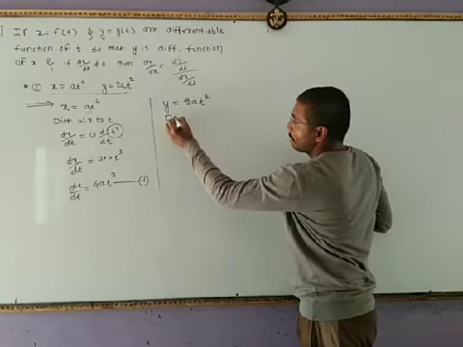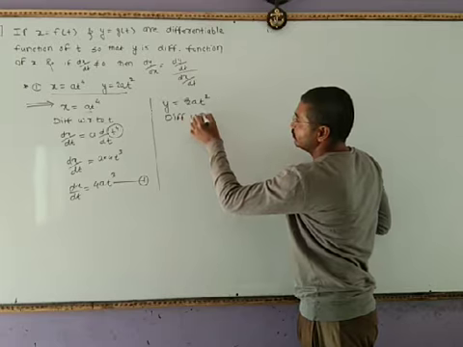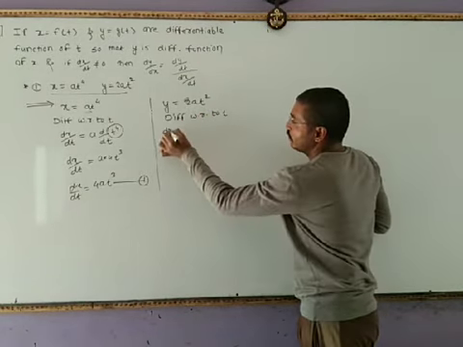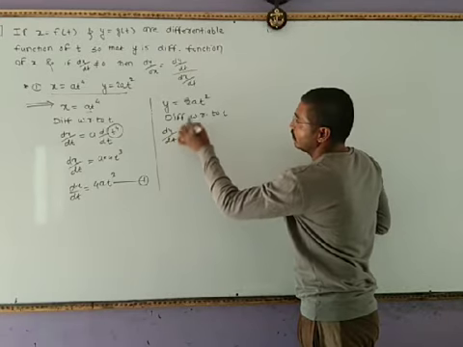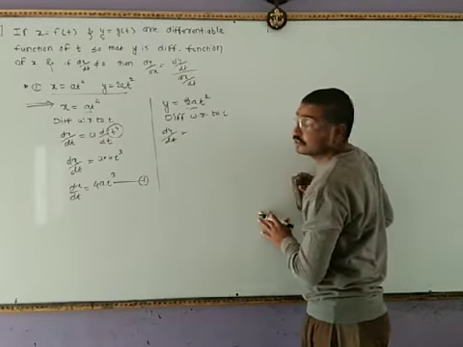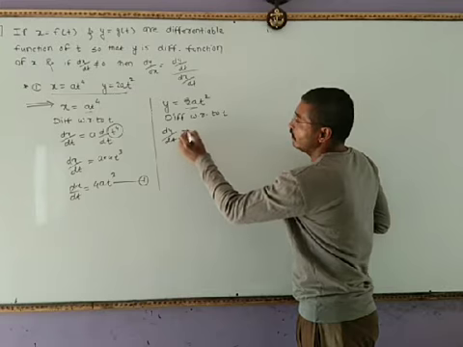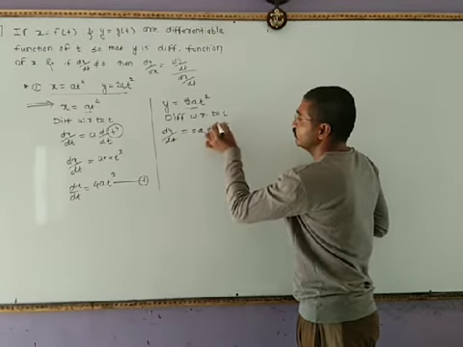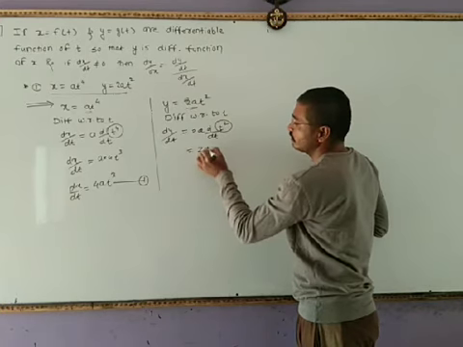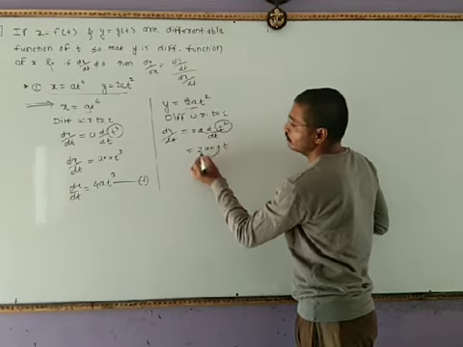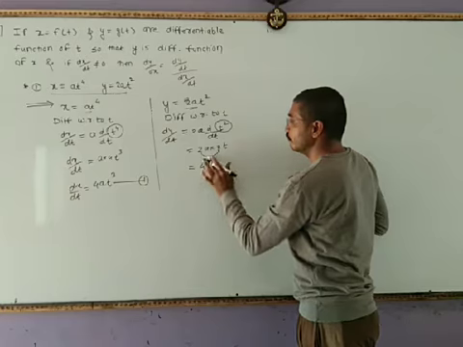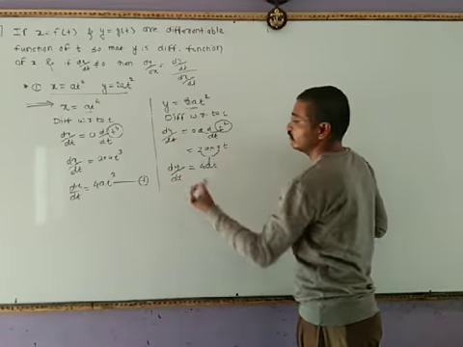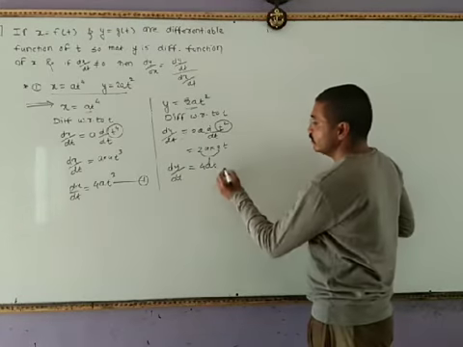Differentiate with respect to t. dy by dt: outside, the 2 is constant, so 2a into the derivative of t square, which is 2t. So 2 into 2 is 4, giving 4a t. dy by dt is 4a t. This is equation second.